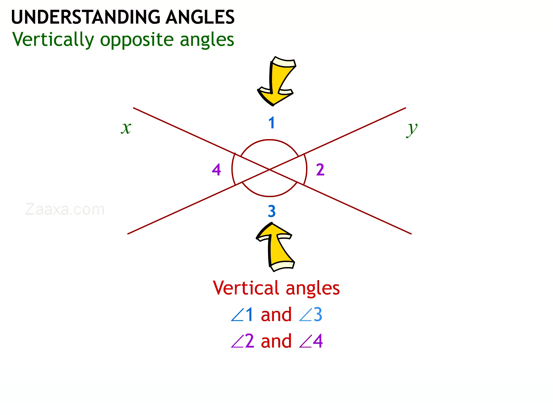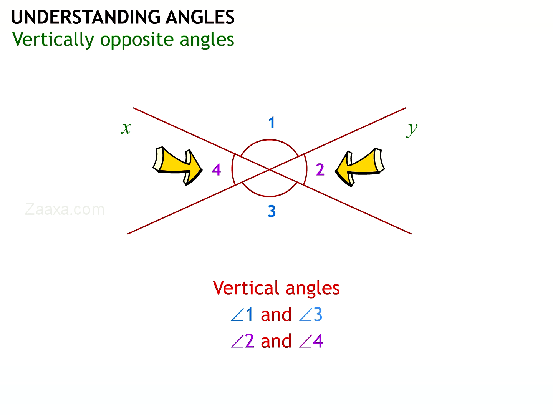Angles 1 and 3 are not adjacent, but they are vertically opposite to each other. Similarly, angles 2 and 4 are not adjacent but are vertically opposite to each other. The vertically opposite angles are equal. So, angle 1 is equal to angle 3 and angle 2 is equal to angle 4.